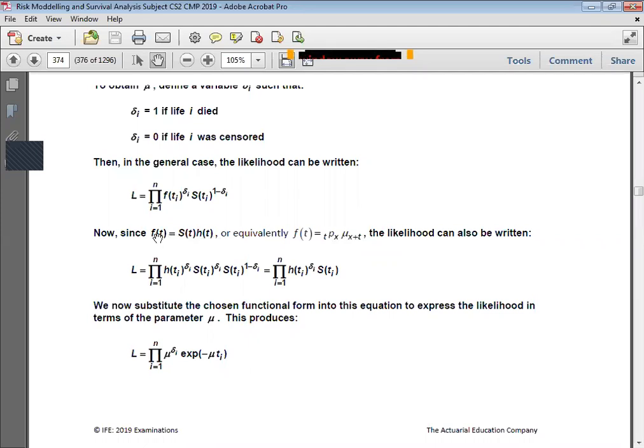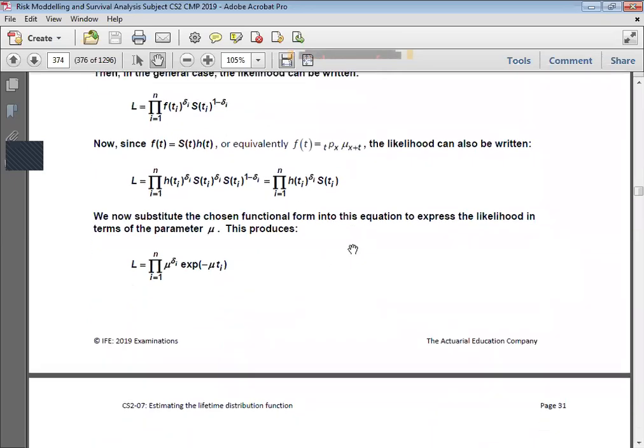So instead of f of t_i, I can rewrite this. I'll have h of t_i raised to delta i and s of t_i raised to delta i, but I again have s of t_i raised to 1 minus delta i. So that will cancel, and you will be left with only s of t_i and h of t_i raised to delta i.